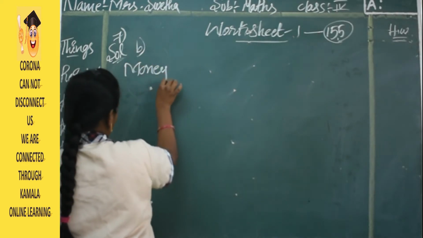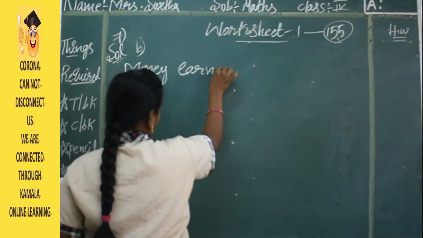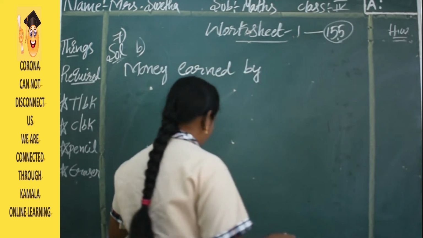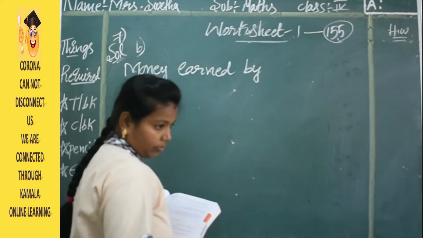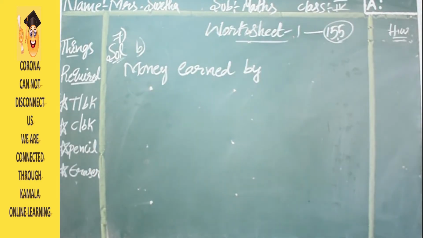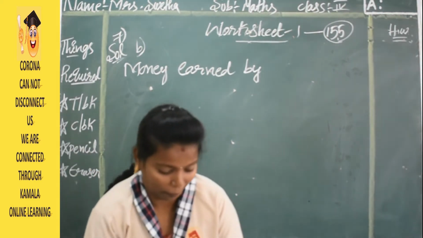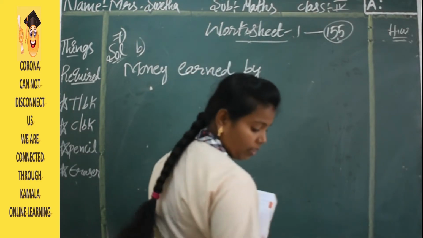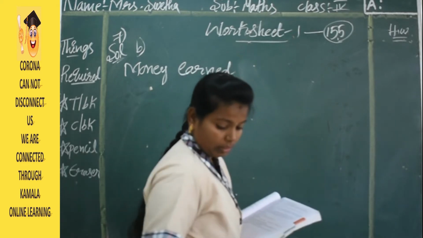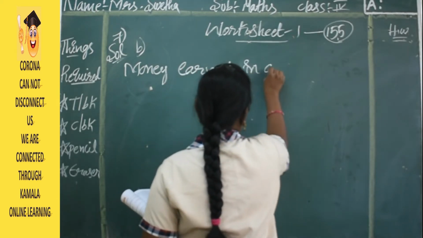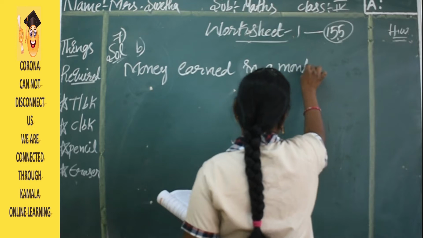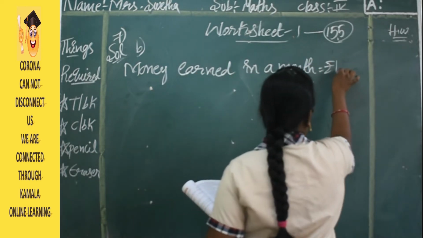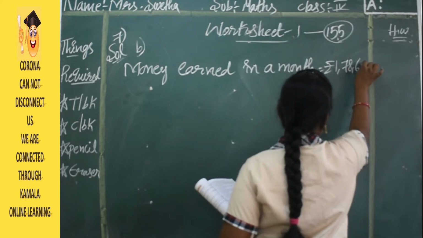Money earned by Sohail in a month. So how much is he earning in the month? 1,78,600.